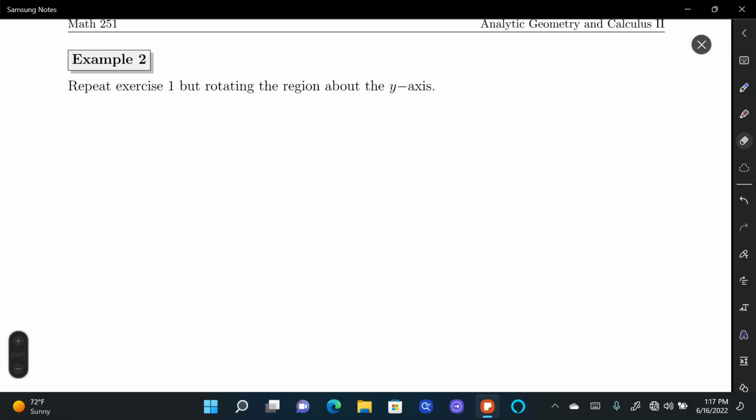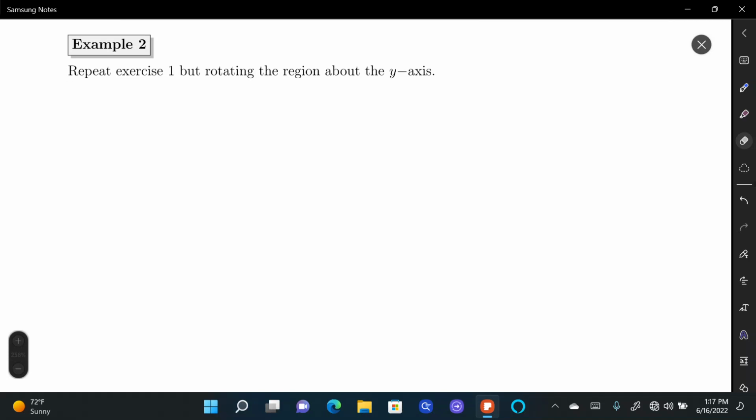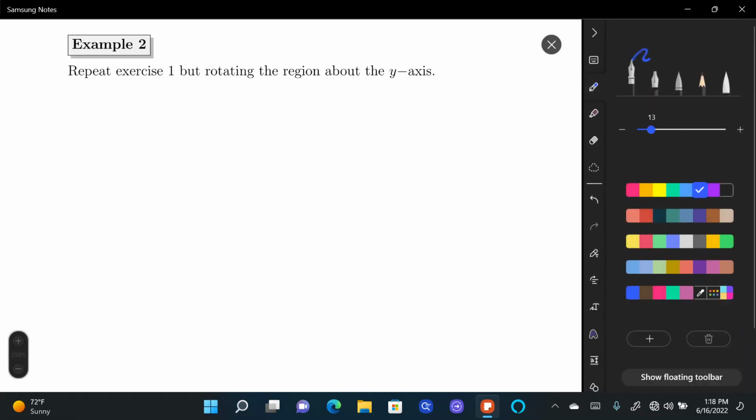For example number 2, we are going to use the same information as in example 1, but we will rotate the region about the y-axis, not about the x-axis. So first of all, let's do a picture. We use the Cartesian plane.